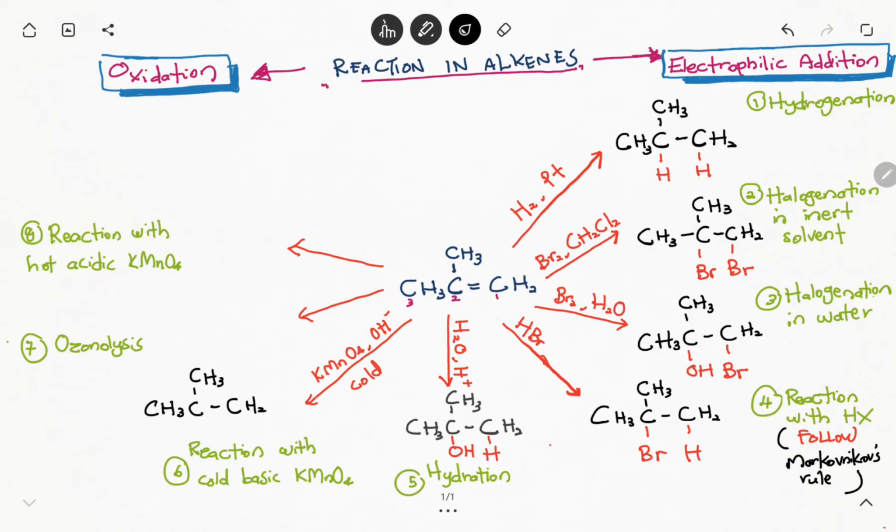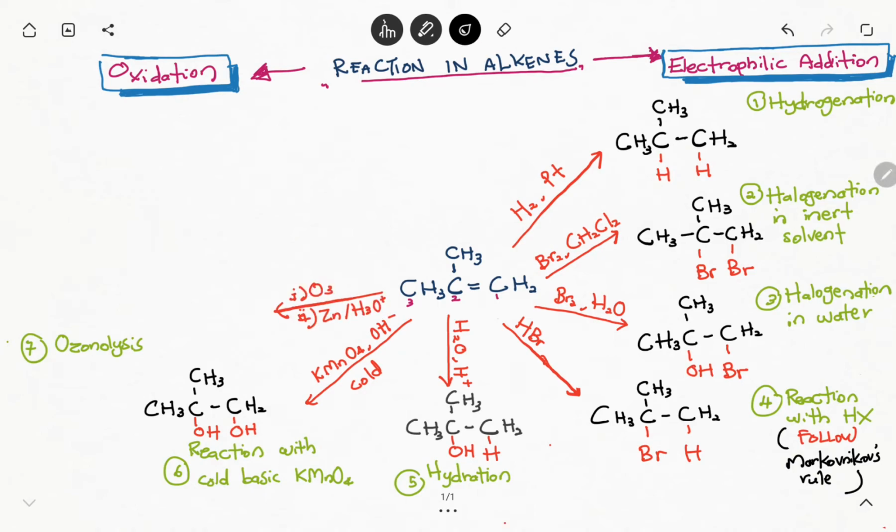In this reaction, the product is a diol, where 2 hydroxyl groups are added to carbon number 1 and carbon number 2. The 2 hydroxyl groups are added to adjacent carbons, so the product is a 1,2-diol.